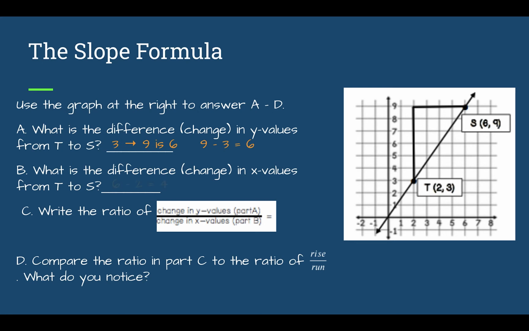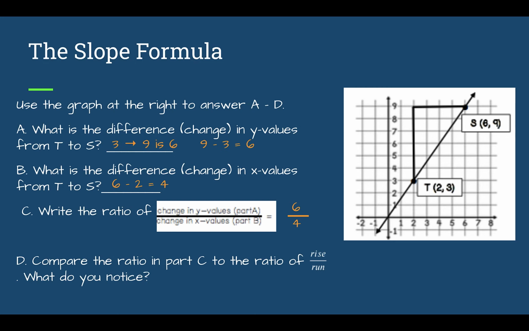Next, in our x values, it went from 2 to 6, so 6 minus 2 is 4. Now we take those two numbers and write them as a ratio of our y change over our x change. So it would be 6 over 4. And we could reduce it and say it was 3 over 2, but we're going to leave it at this for right now. Part D says compare the ratio in part C to the ratio of rise over run.